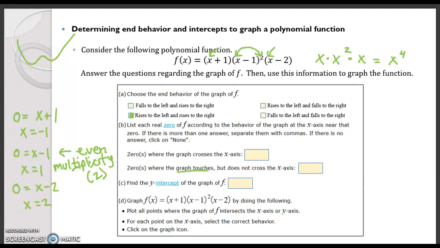So the zero where the graph touches but does not cross is at +1. And then the zeros where the graph crosses the x-axis are at -1 and 2.